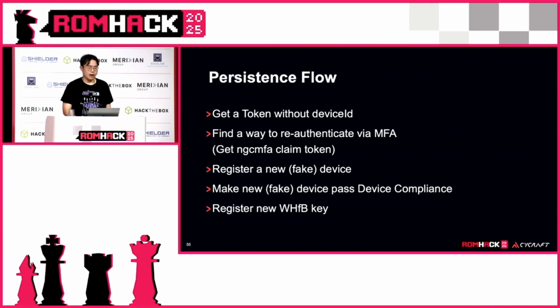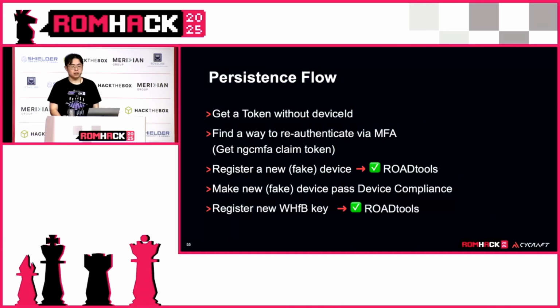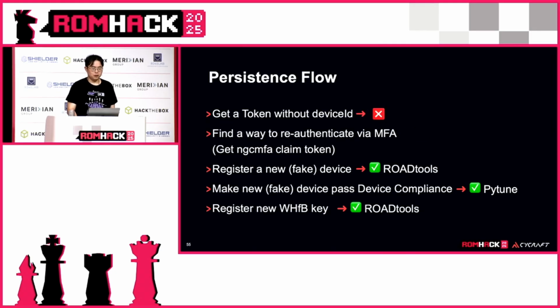For step 3 and step 5, register a fake device and register Windows Hello for Business, you can use a tool called ROADtools, published by Dr. Yang. And step 4, make the fake device pass device compliance, you can use the Pine tool. So the key question is step 1 and step 2. These cannot be achieved yet, so we will introduce how we achieve step 1 and step 2.